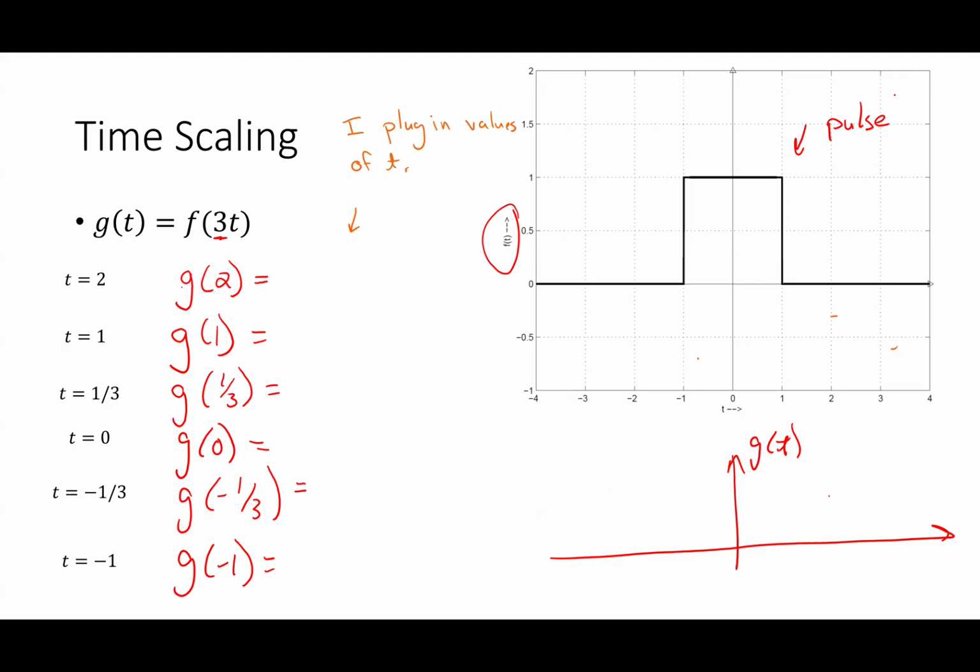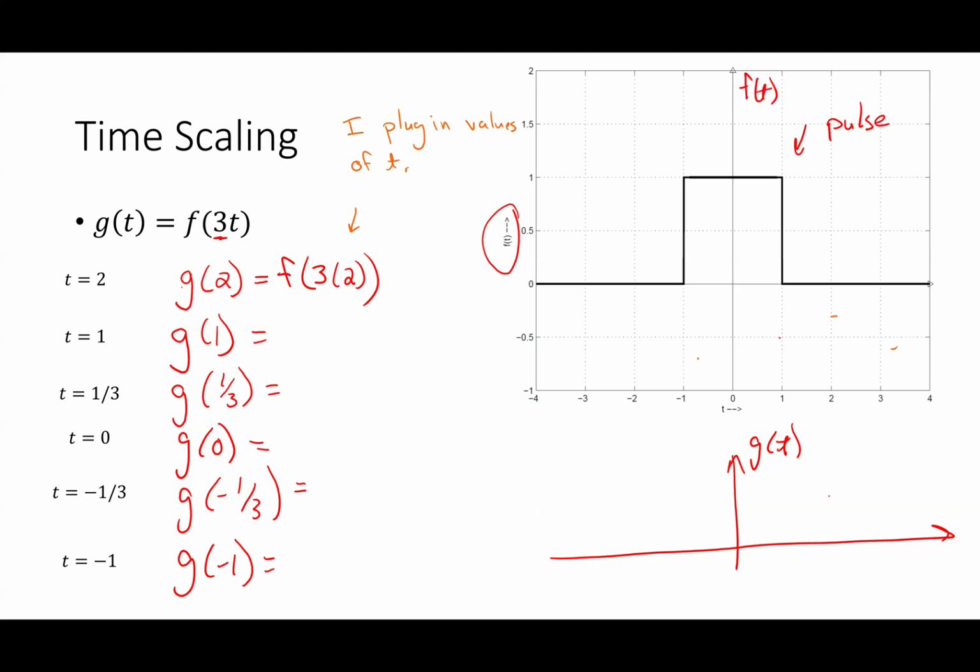I basically went along from t equal to 2 to t equal to -1 to draw this. So g of 2, what's that equal to? f of what? At t equal to 2, I say f of 3 times 2, so f of 6. What's f of 6? This is f of t right here, just to be clear.